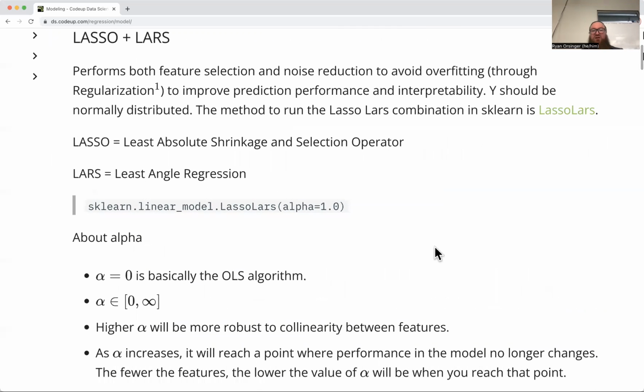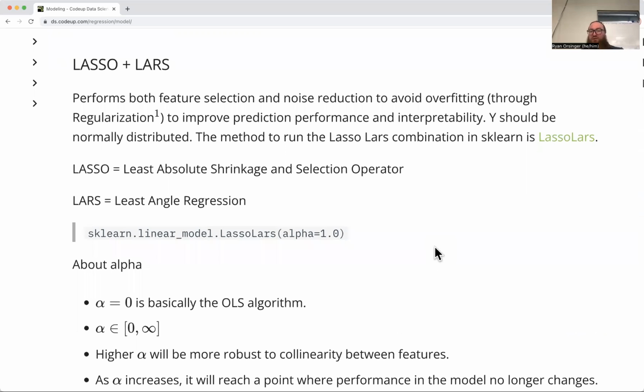Let's see, we've got another algorithm called lasso Lars. It is a combination of a lasso algorithm and a Lars algorithm. So rather than distance, we're focused on least angle with lasso Lars. Why would this be useful? Lasso Lars is performing some feature selection and some noise reduction as well underneath the hood.